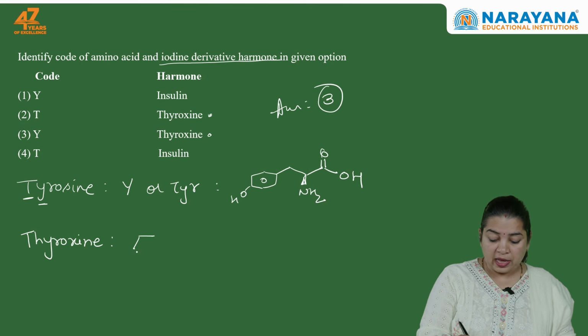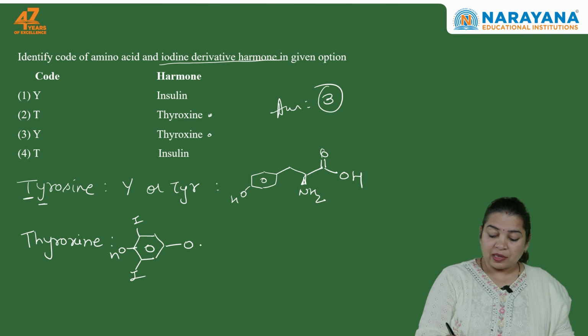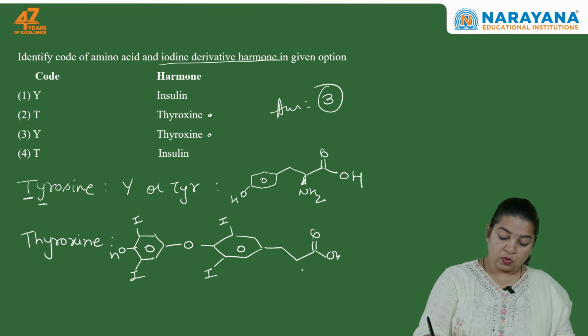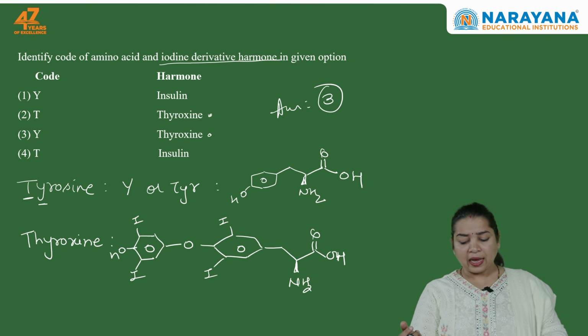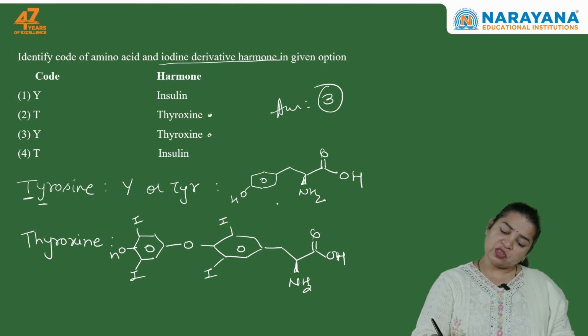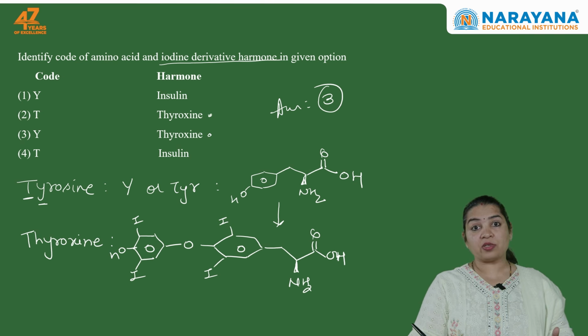The structure of thyroxine will help you. If you see the structure, you can see the impression of tyrosine in it. See iodine, iodine, CH2, COOH and NH2. Of course, you can also write the zwitterion structure for both tyrosine and thyroxine. Can you tell me which reaction would have been used for preparing thyroxine from tyrosine?